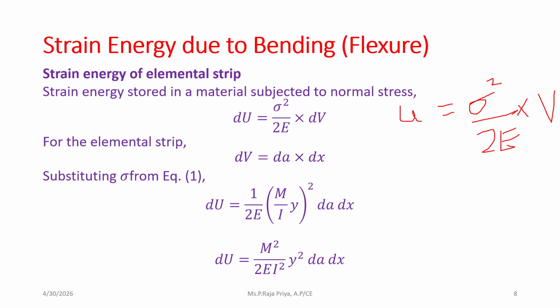What is volume? It is area into distance. We have taken the area of the strip to be dA, with the moment assumed constant over dx, so dV is dA into dx.